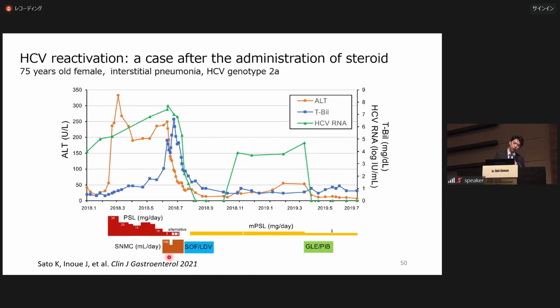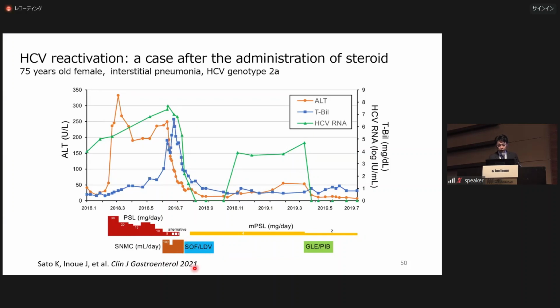We experienced an HBV reactivation patient. HBV reactivation is relatively rare, but if a viremic patient is treated with immunosuppressants, HBV can increase. In this interstitial pneumonia patient who was administered steroids, after the prednisolone treatment, the green line, HBV RNA, increased and the patient also developed icterus.